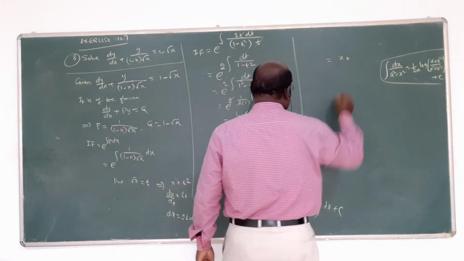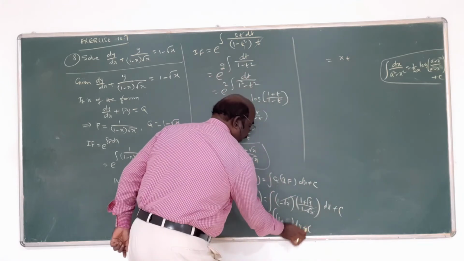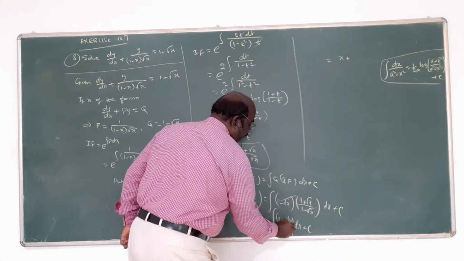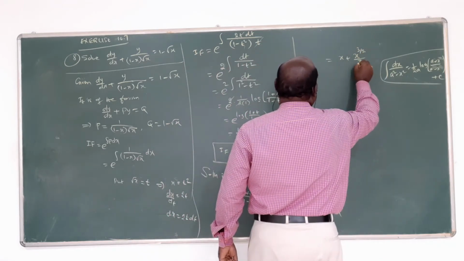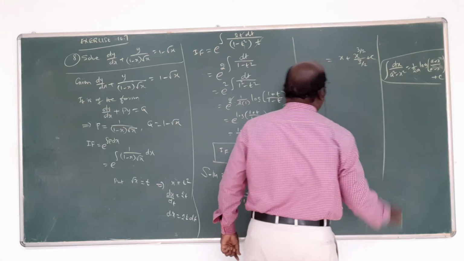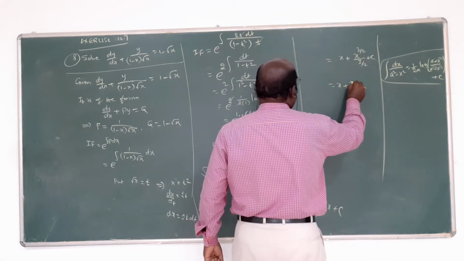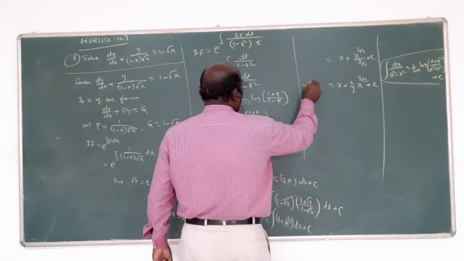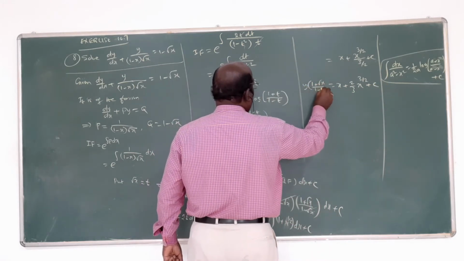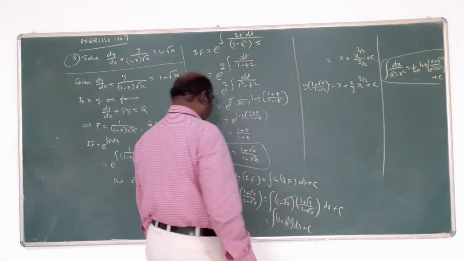Integration of 1 is x. x root x means actually x power half. Integration of this is what? x power 3 by 2 divided by 3 by 2 plus c is the formula. Now again, x plus 2 by 3 x power 3 by 2 plus c. Left hand side y into 1 plus root x by 1 minus root x. This is the answer.